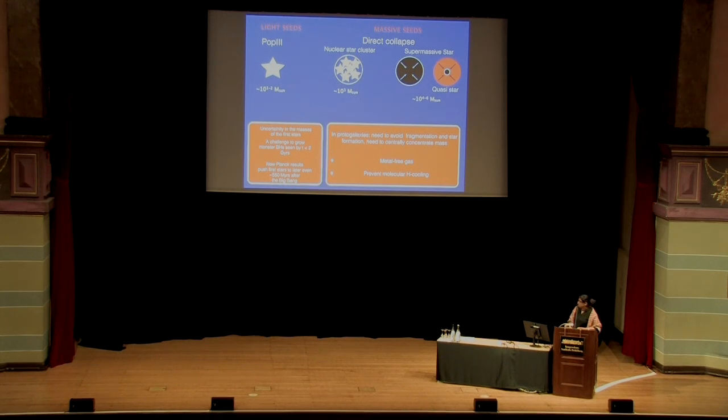What is very interesting about the direct collapse scenario is that the conditions required to effect a runaway collapse into a massive black hole seed are available in the early universe. And that's what many of us have been working on over the past few years. To start with, the broad brush thing that you need is metal-free gas, because you need to prevent molecular hydrogen cooling and fragmentation.